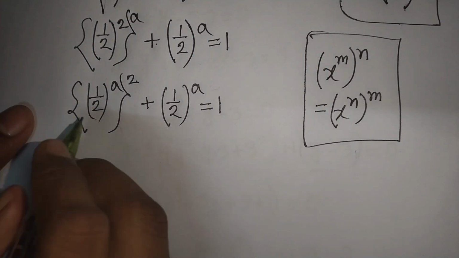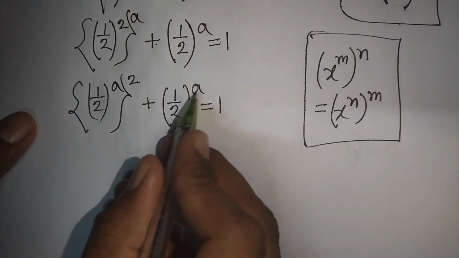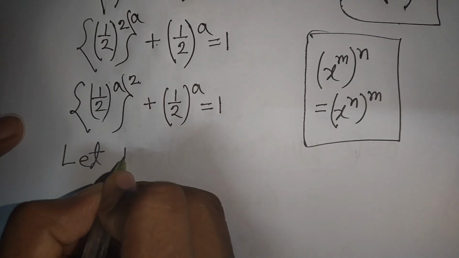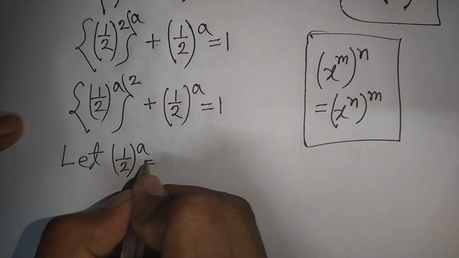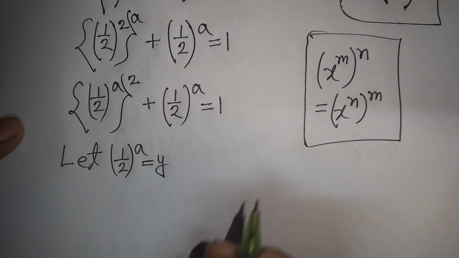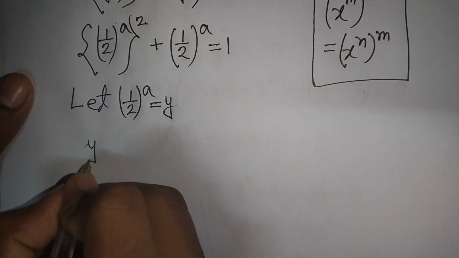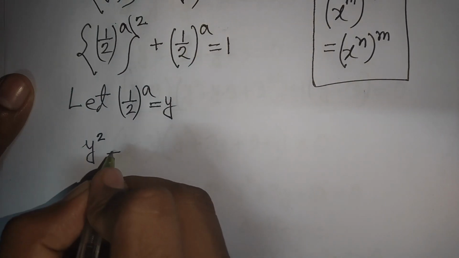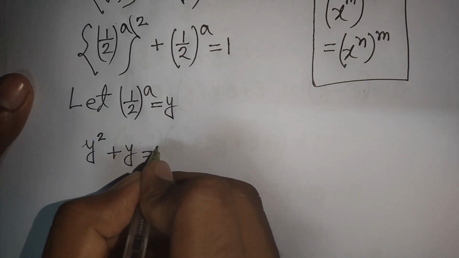Now we see 1 by 2 bracket power a and 1 by 2 bracket power a, both terms are the same. So let 1 by 2 bracket power a be substituted by y. So our equation will be y square plus y is equal to 1.